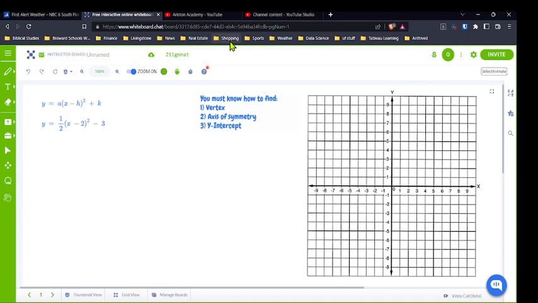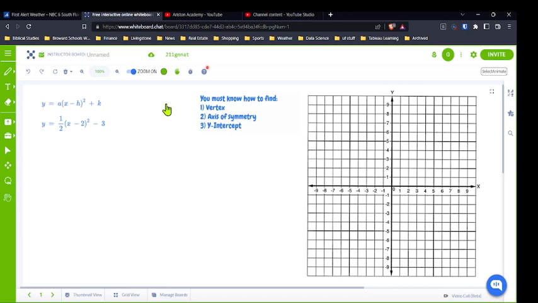So that's what's called the vertex form, and then there's a specific equation for a particular parabola: y equals 1/2 (x minus 2) squared minus 3. The reason this is called vertex form is because it makes it easy for you to identify what the vertex is from this type of equation.